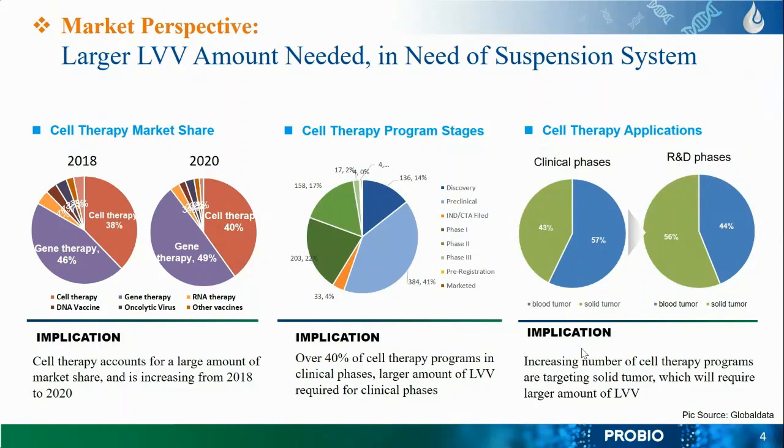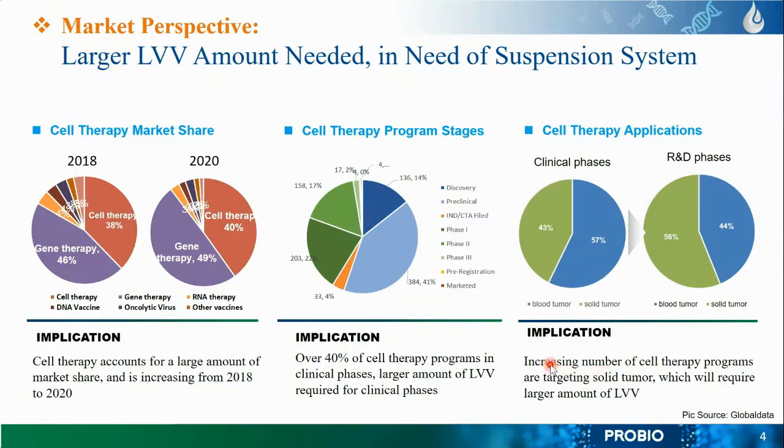As we can see in the chart, for 2018 and 2021, the gene therapy related was 49%, and cell therapy was over 40%. So overall, for 40% of the cell therapy programs in clinical phases, a large amount of LVV is required in the future, as they are targeting solid tumors and other kinds of cancers.